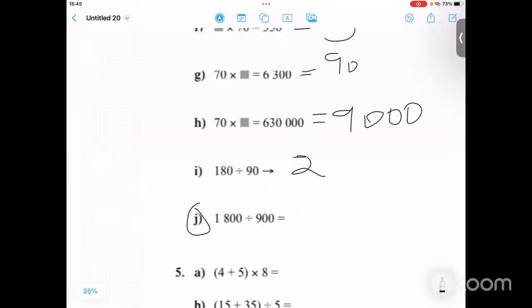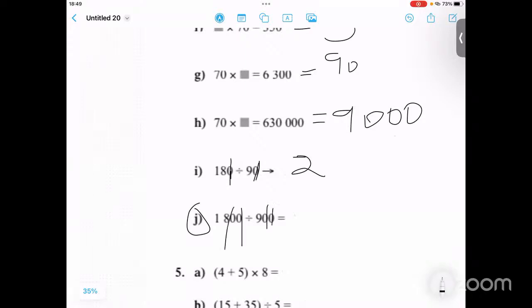The answer is 2 because when you're having this, I remember somebody mentioned canceling a 0. This is where you do it, because there's a 0 here and a 0 here and you're dividing. You can just cancel the zeros, né? I said we are canceling the zeros from the back of the numbers, okay? So we have a 0 here, we have a 0 here. We can cancel it.